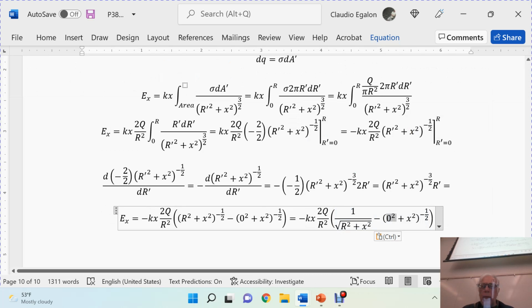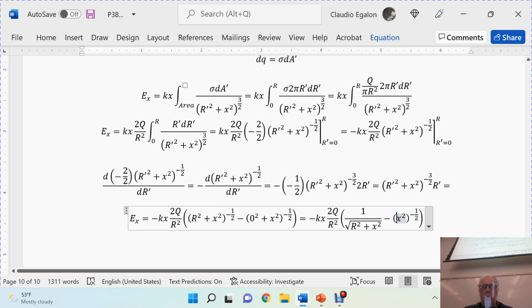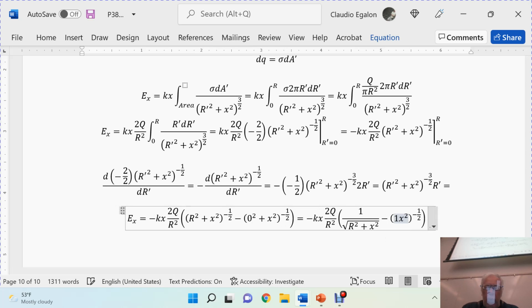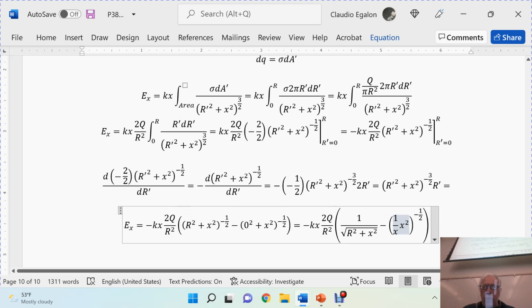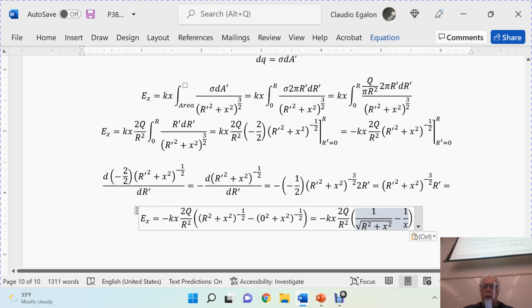And this x squared is raised to the minus half power. What does it end up being? It ends up being 1 divided by x. That's what we get when we raise x squared to the minus half power. There's one more step that we can take. Notice that this term here is less than this term, right?